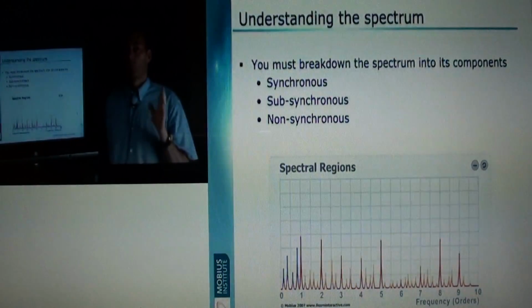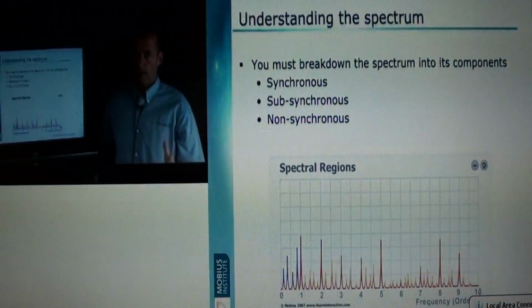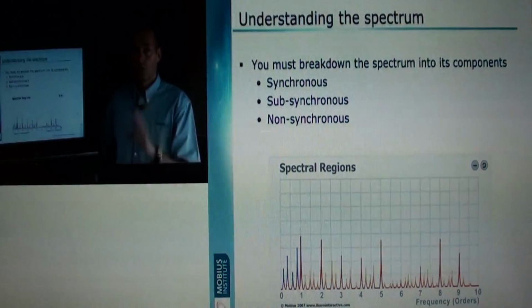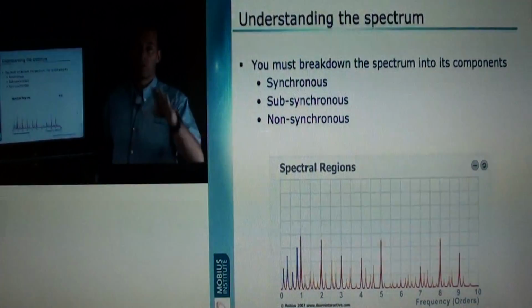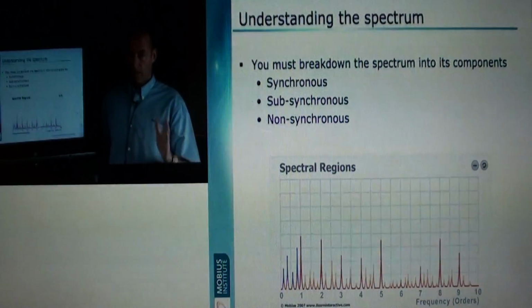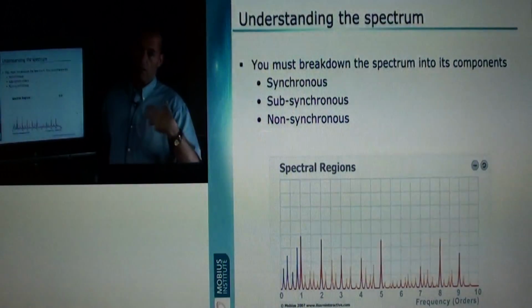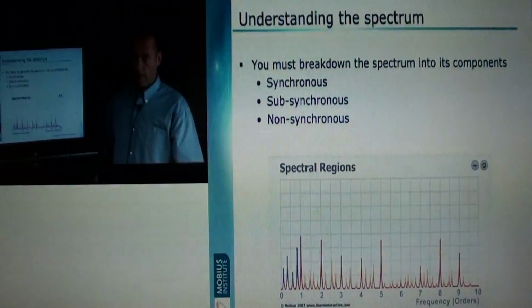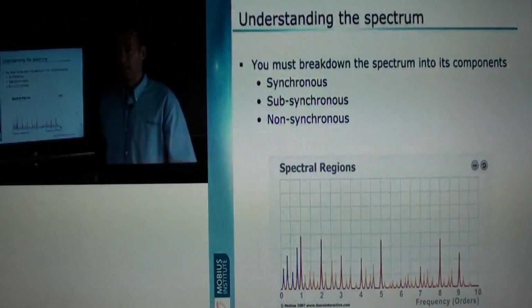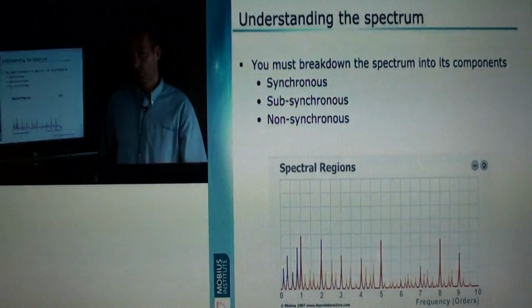The thing is that what really helps you with bearing analysis, and whether you're doing the spectrum in velocity or acceleration or peak view enveloping any other method, if you can identify your 1x peak to start with, that's going to help you a great deal, because then you can tell which peaks are non-synchronous.